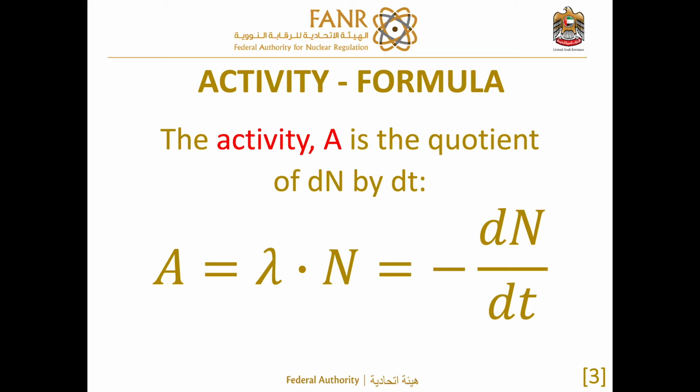This is a definition taken from the ICRU, but this is something that you already have clear now: the number of transformations leading to a specific decay in the unit time. This is defined as activity. This is the ratio on the right side, and this is another definition, you remember, lambda multiplied by the number of atoms.